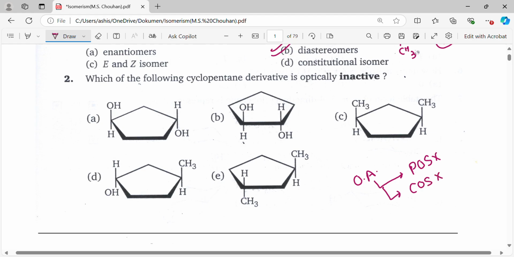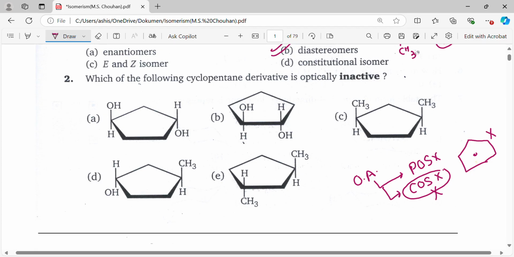POS means plane of symmetry and COS means center of symmetry. If we take the 5-membered ring, in all these options the center of symmetry is absent.